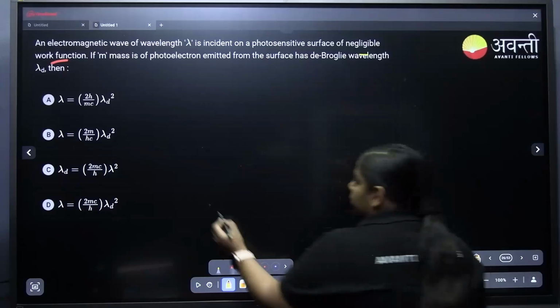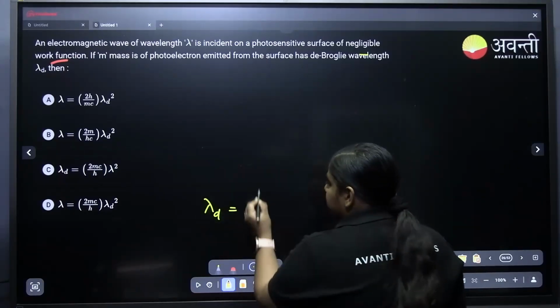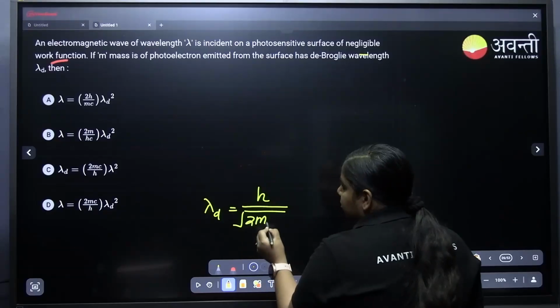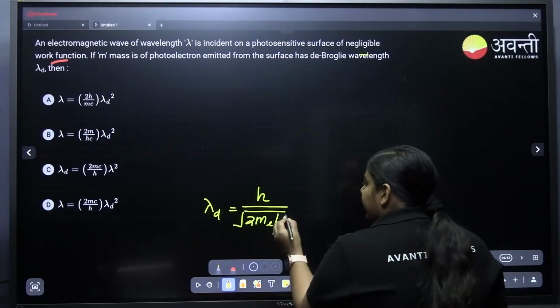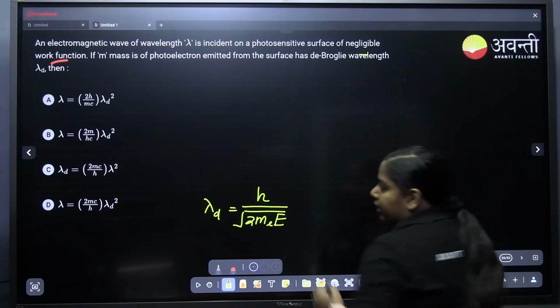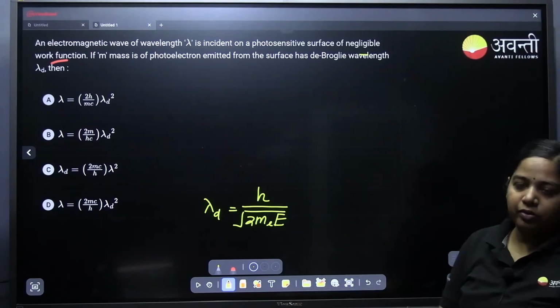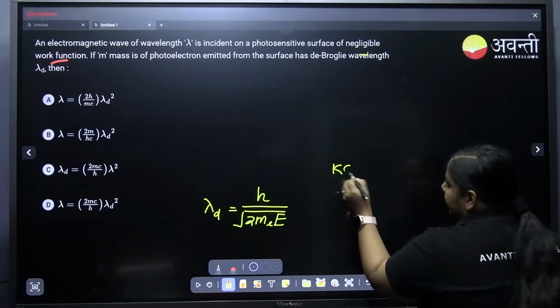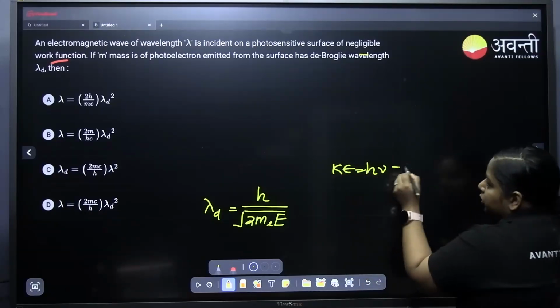So lambda d of the electron is equal to h by root 2 m into the energy of the electron. And the energy of the electron is kinetic energy equal to h nu minus phi.